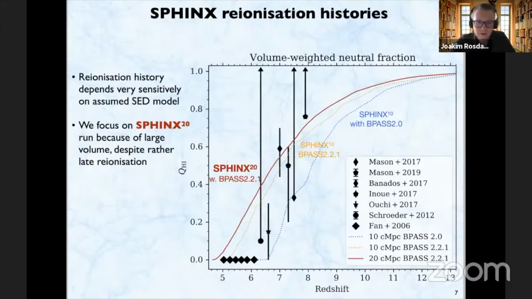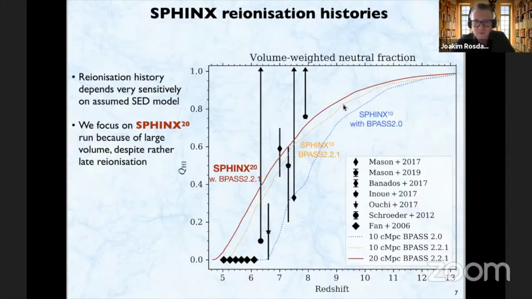Okay, so here is the reionization history in 3 variations of the SPHINX simulation. We're going to focus on this one, which is the largest volume that we have. It reionizes a bit late, even pushing the lateness that has been presented to us in previous talks in this conference. It's not too bad though.